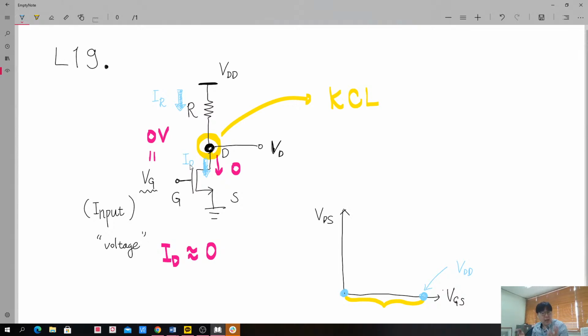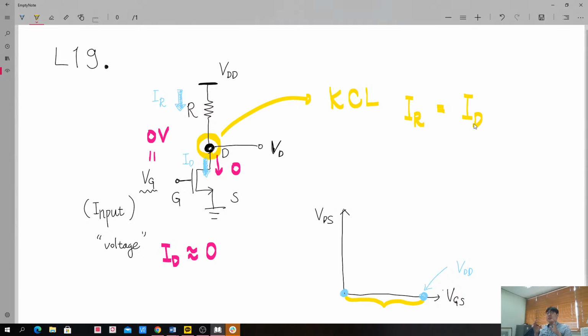Of course, the ID means the drain current of our N MOSFET. So if we have this direction, one is incoming from the viewpoint of our circuit node, and one is outgoing, then our KCL simply says that IR, the incoming one, is equal to our outgoing one, ID.